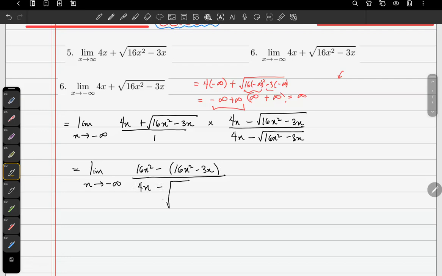So we factor out x squared from this. So we have 16. So let's factor it out. So x squared into brackets 16 minus 3 over x. So when you factor out x squared from 16x squared minus 3x, you're left with 16 and 3 over x, because x squared times 3 over x will still give us 3x.